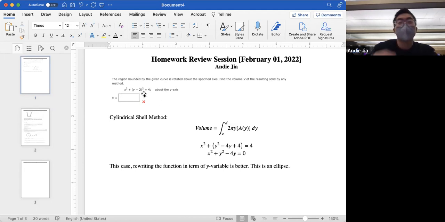So rotating this curve about the y-axis, x goes from 0 to 2, but y can be 4 and then 0. So we are computing the upper and lower bounds of the integral.